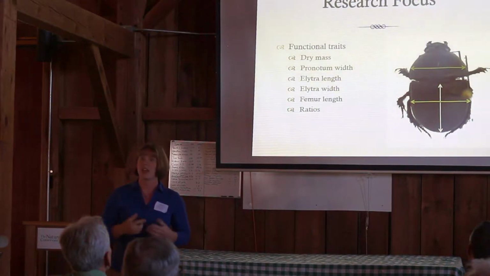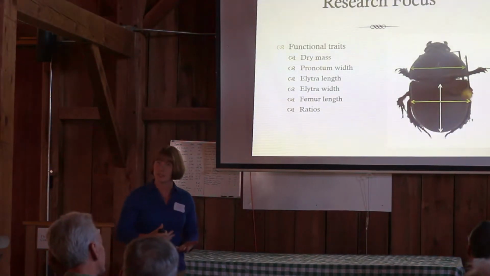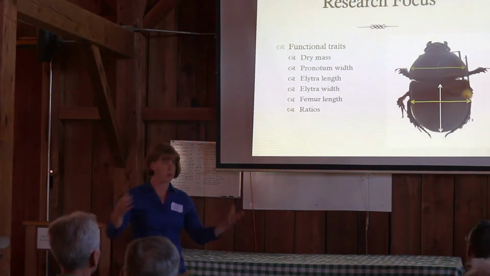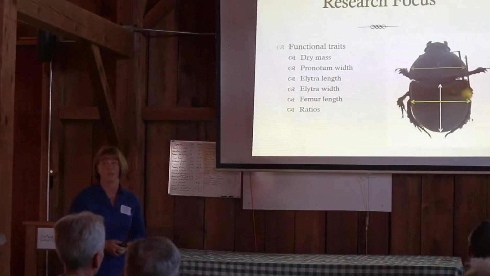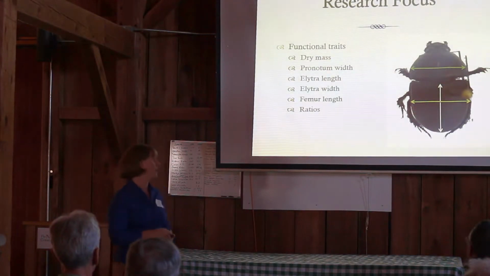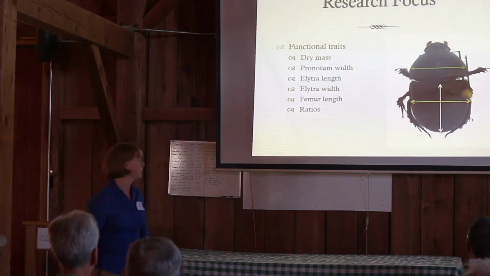Some of those body measurements will help us think about the mobility of these insects. It stands to reason, larger insects are more able to disperse or fly between sites, and that might come into play as we look at some of the trends. We're also going to be measuring the length of their femur, the largest segment of one of the hind legs, and then we'll calculate some ratios between all of those physiological measurements.